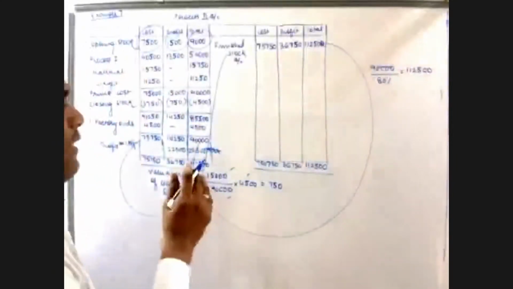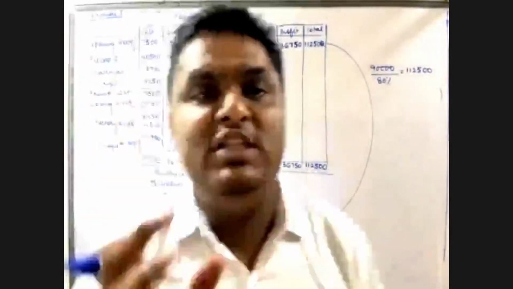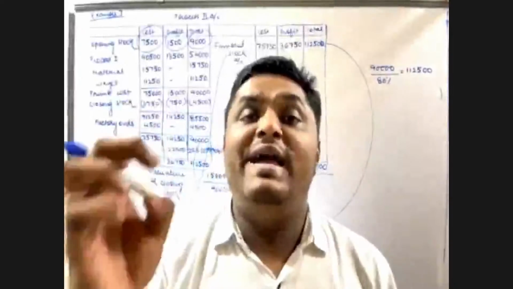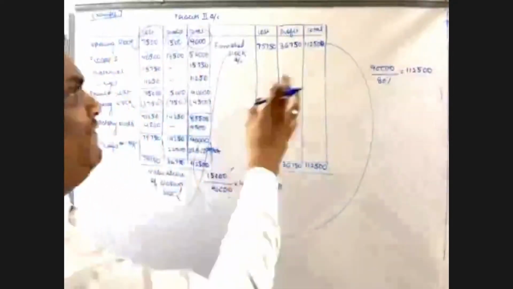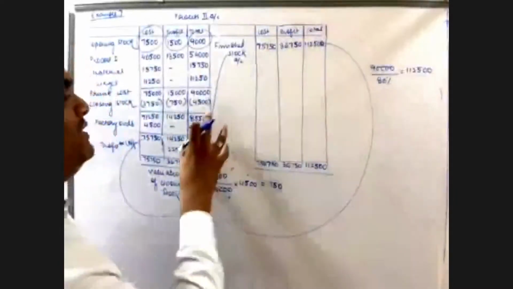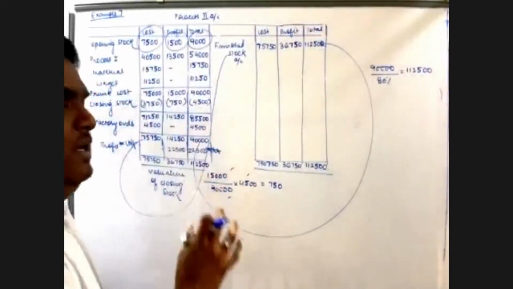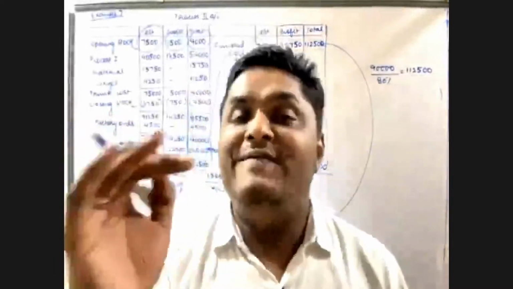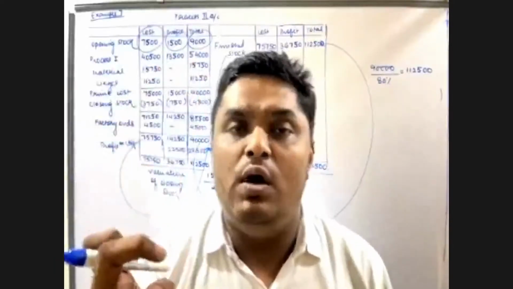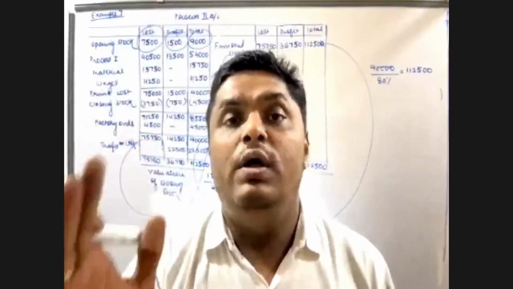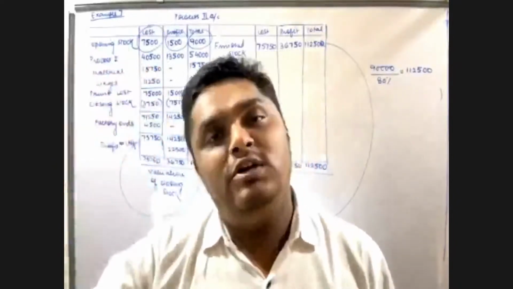Again, each process will be treated as a separate profit center. That's why I have calculated this 1,12,500 on 90,000. See, अब हम लोग 75,750 पे calculate नहीं कर सकते because it is the actual cost. It does not include the profit element of process first.